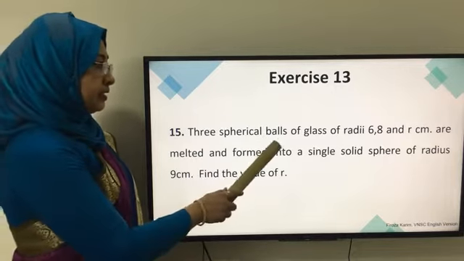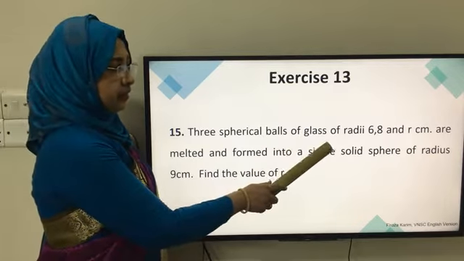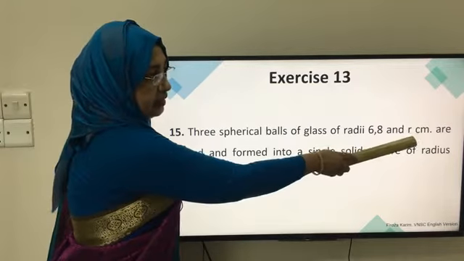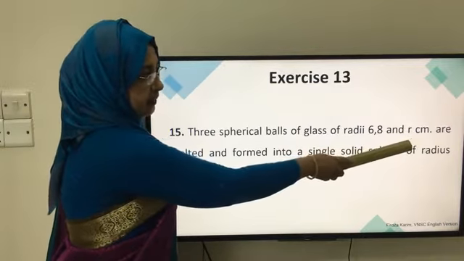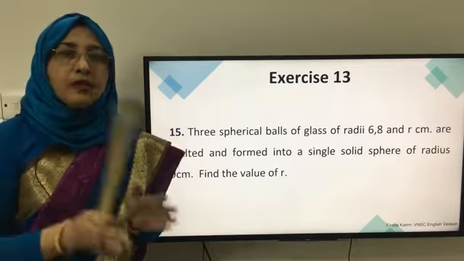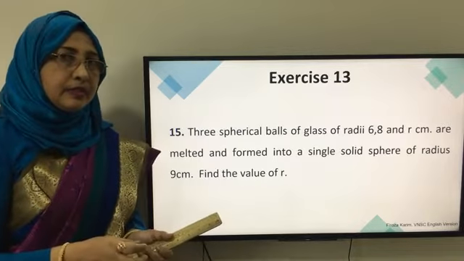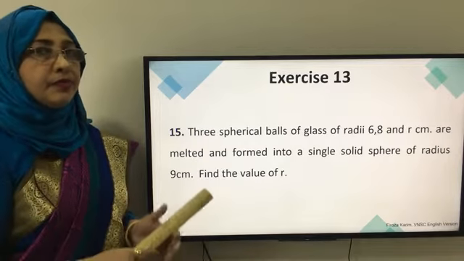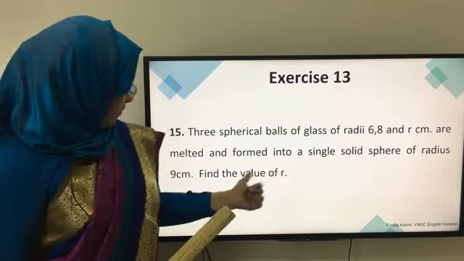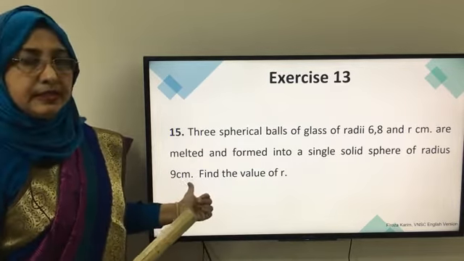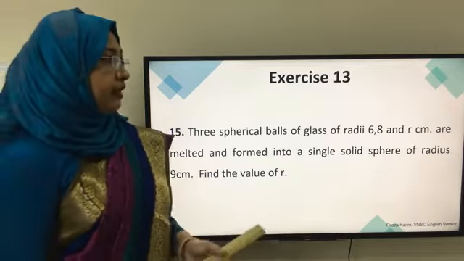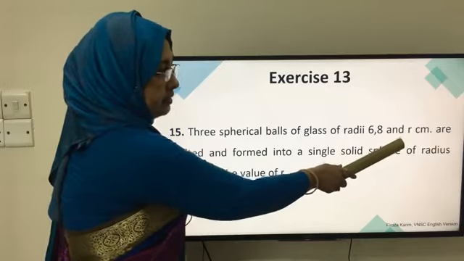There are three spherical glass balls and the radii are given, but one of the radii is unknown here. This is r centimeter. But we have to melt all three glass balls and then form another solid sphere, the radius of which is 9 centimeter. And we need to find the value of this unknown radius.